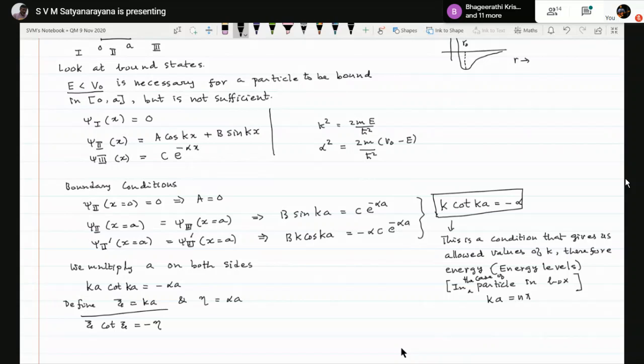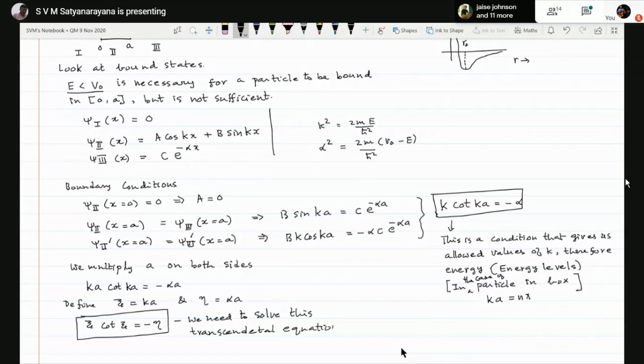Now I have to solve this equation. This equation is called a transcendental equation. Why is it called a transcendental equation?